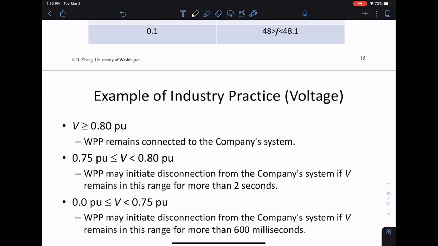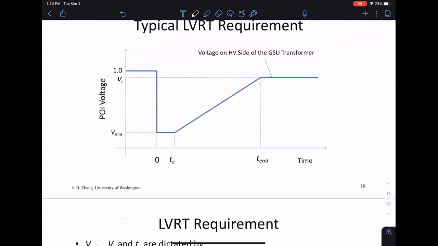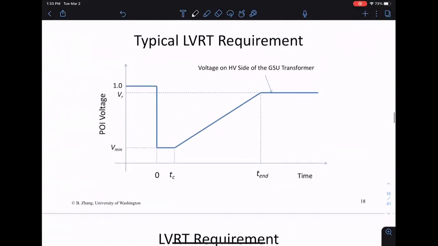So when we talk about voltage ride-through, normally the voltage ride-through requirement looks something like this. You have this type of curve. What this curve means is, this is the point of interconnection voltage. This is the requirement.